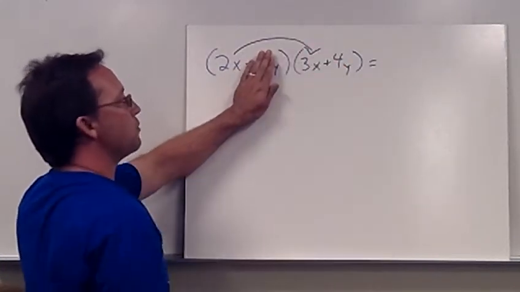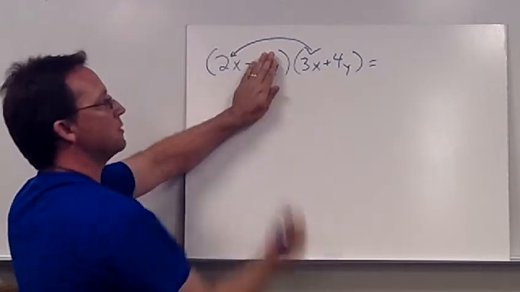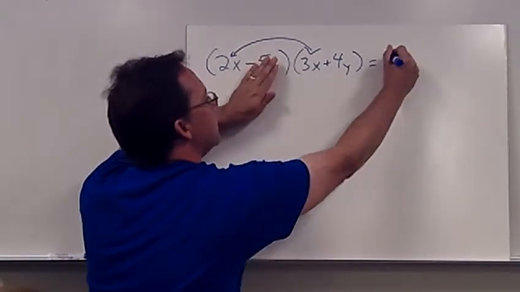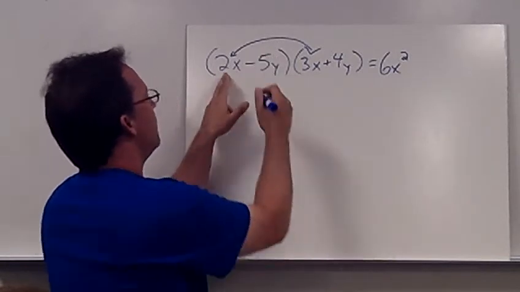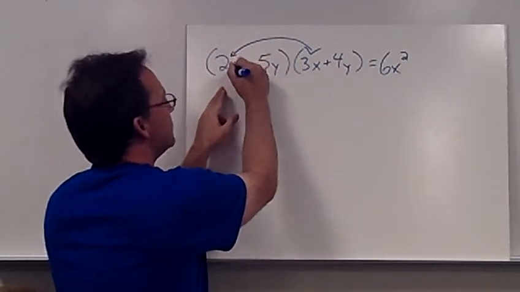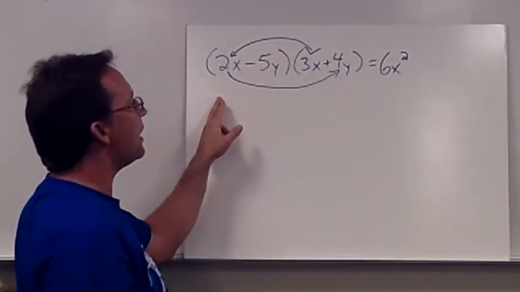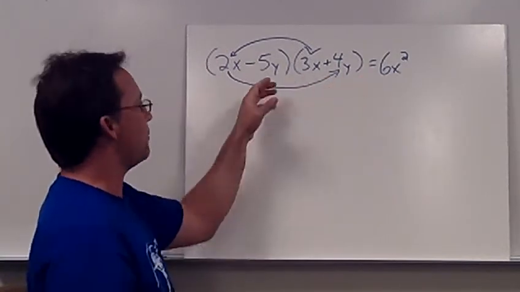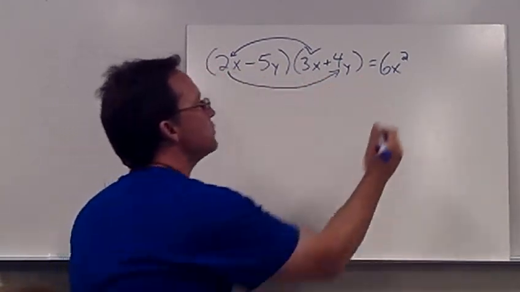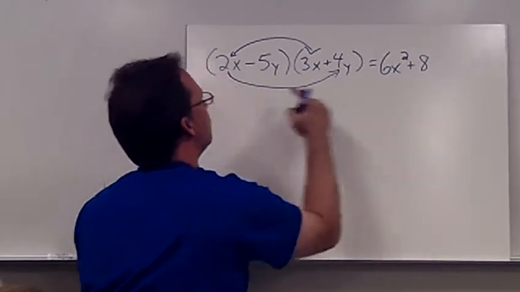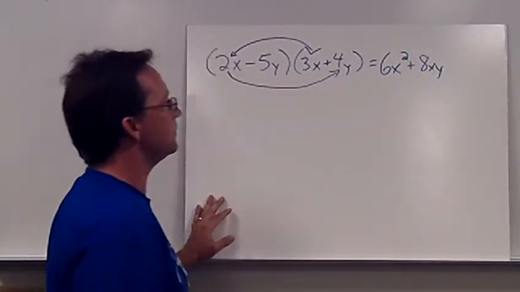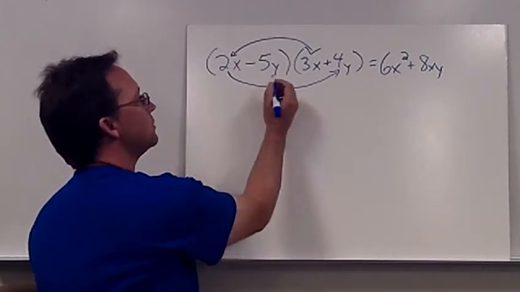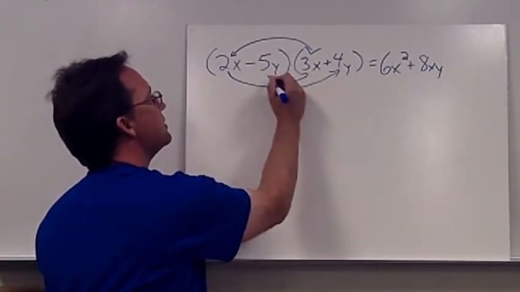2x times a 3x. Those are my first terms that I'm multiplying together. 6x squared. All right. Then if I do 2x times 4y, still a distributive property, the outer terms, 2 times 4. Remember, if I've got x times y, I'm just going to make it 8xy. Inner terms, negative 5y times 3x.